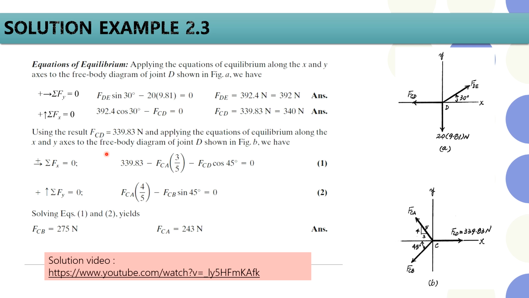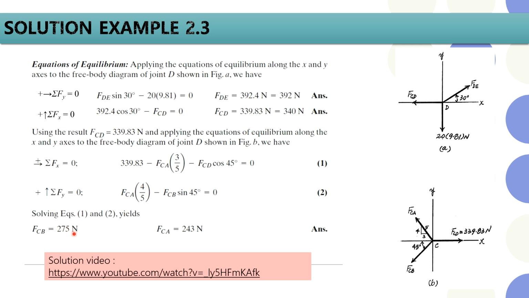Okay, and then using the result of FCD, which originally comes from the first free body diagram that you found, you apply the equations of equilibrium along the x and y axes to the free body diagram of joint C, shown in figure B. So you have equation 1, equilibrium equals 0 for the force along the x direction, and equation 2 along the y direction.